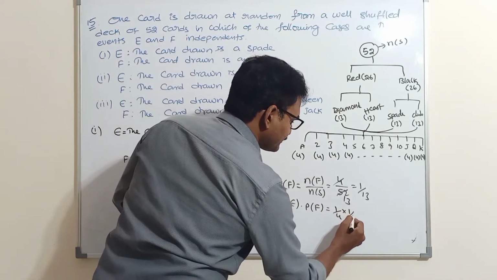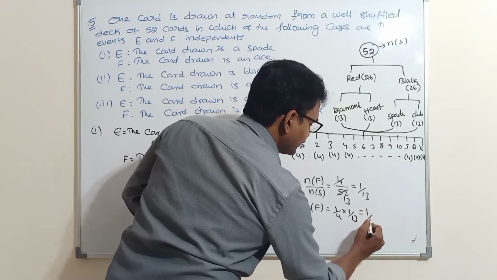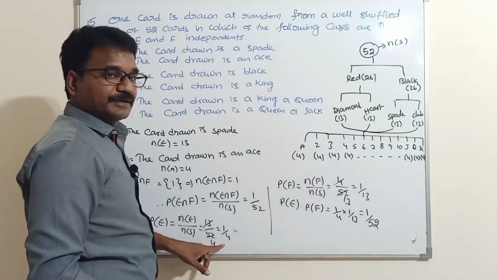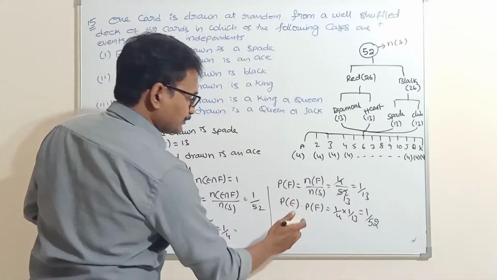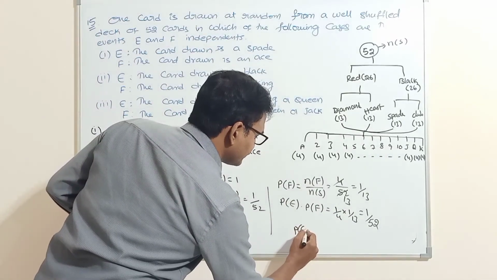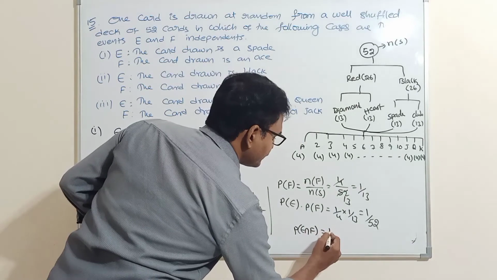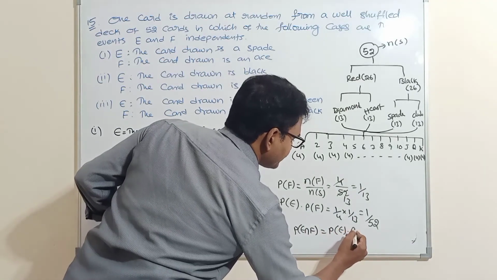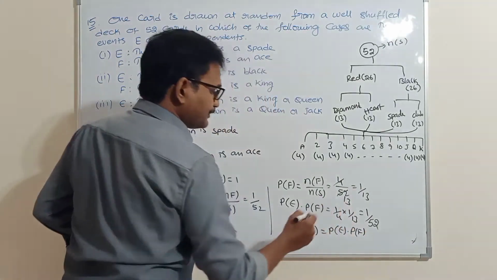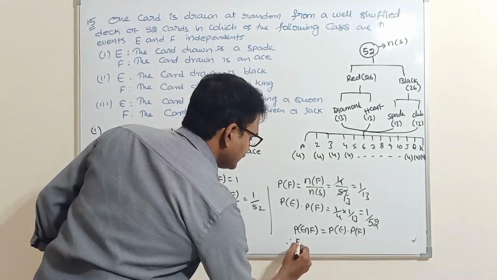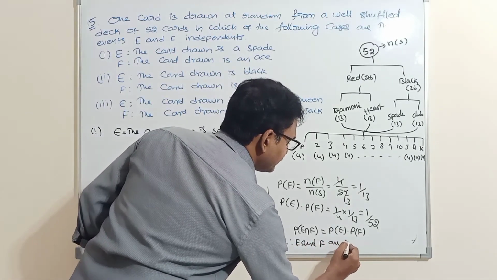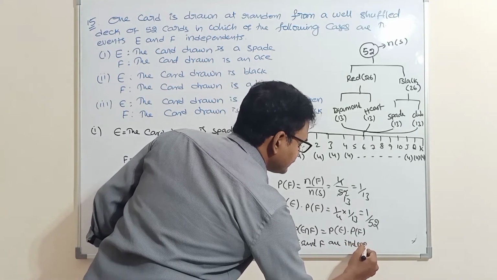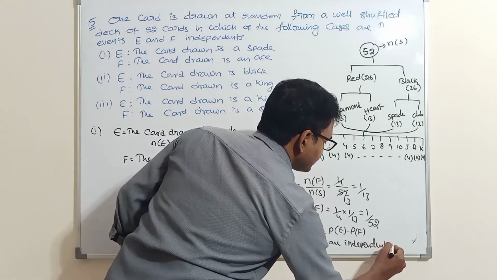P of F value is 1 by 13. Total 1 by 52. What is P of E intersection F value? 1 by 52. So P of E intersection F is 1 by 52. P of E into P of F is also 1 by 52. Therefore, E and F are independent events.